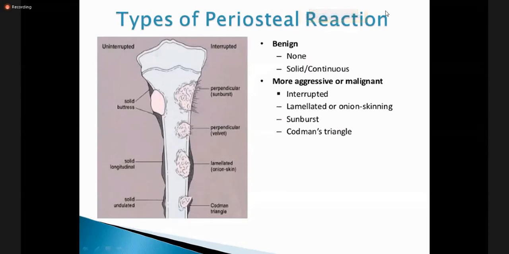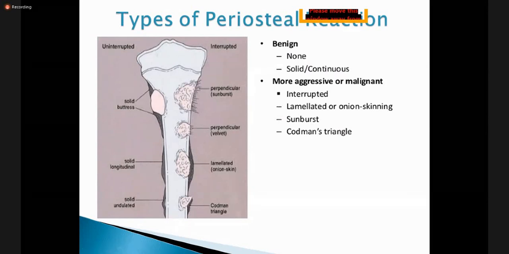But when it is more aggressive, there is an interrupted periosteal reaction, somewhere there is periosteal reaction and somewhere not, or there is a lamellar periosteal reaction, meaning multiple layers of white lines are seen, lamellar onion skin periosteal reaction, or there is a sunburst periosteal reaction, when the white lines are at a right angle, perpendicular to the long axis of the bone.